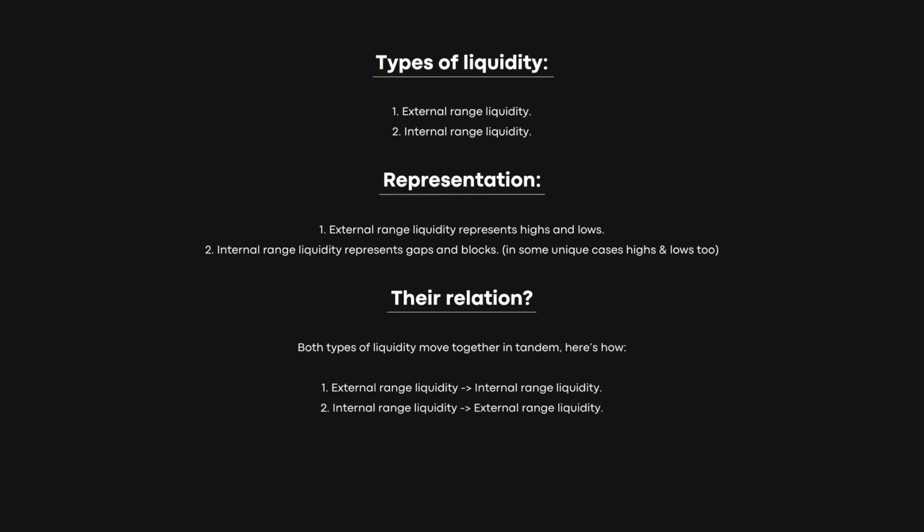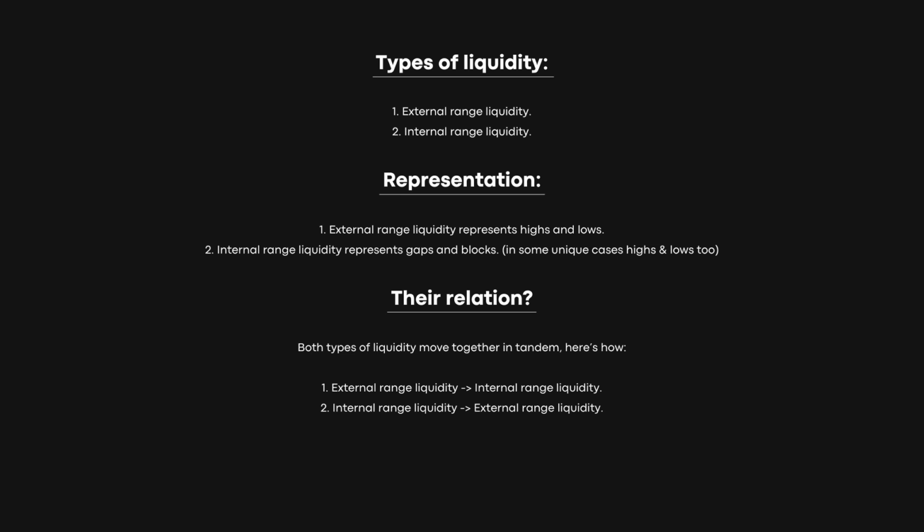On the other hand, internal range liquidity or IRL refers to the gaps and blocks within a price range, right? These could be fair value gaps, opening gaps, or blocks such as order blocks, breaker blocks, rejection blocks, propulsion blocks, and so on, right?